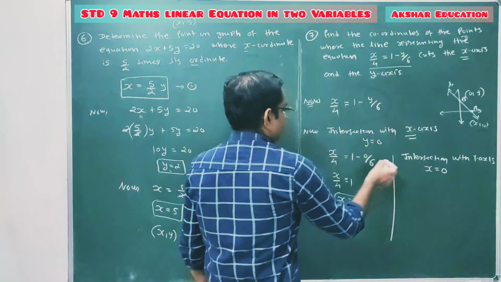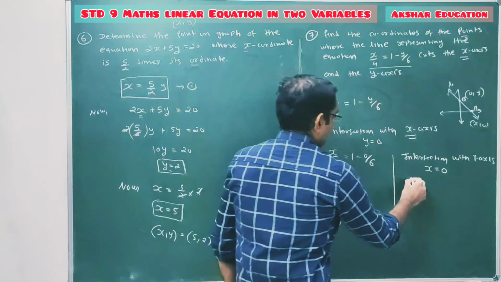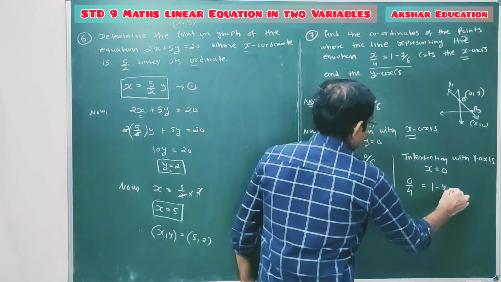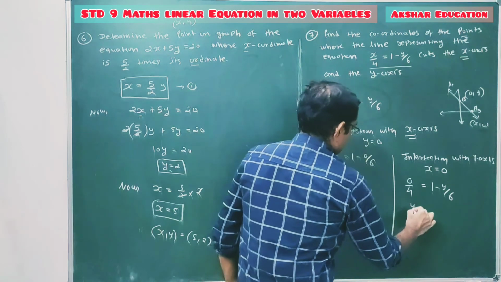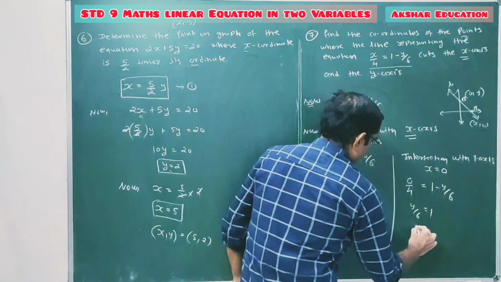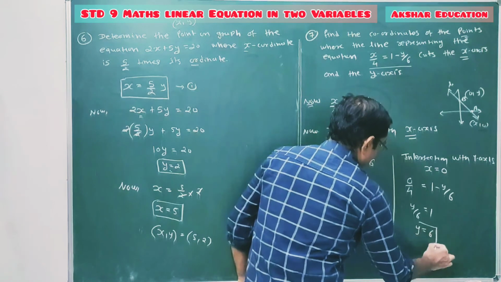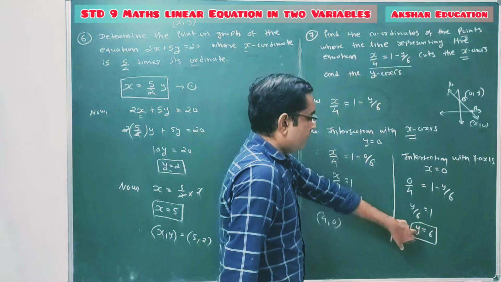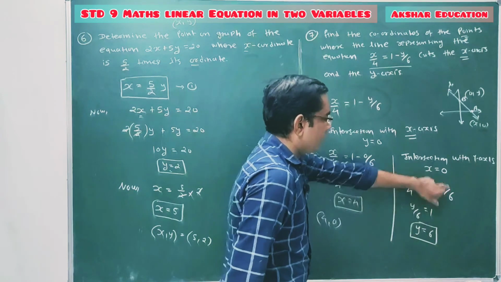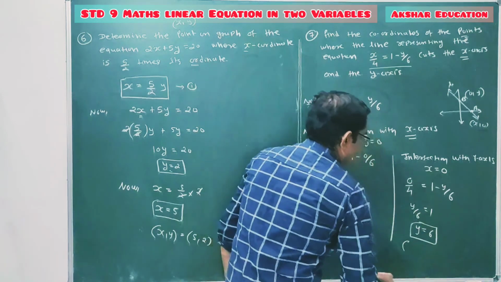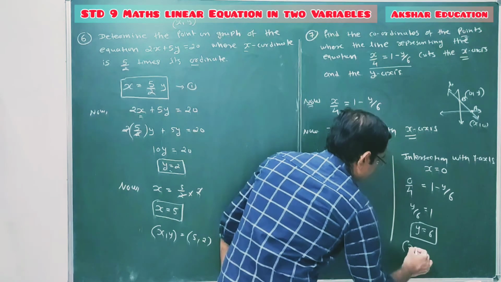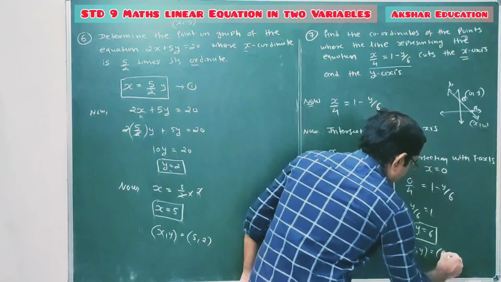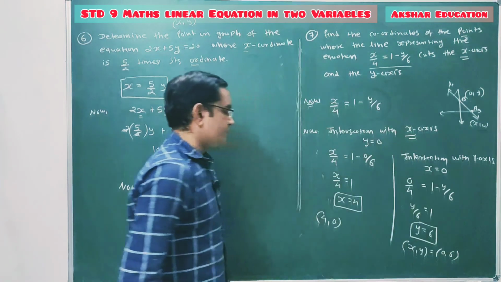So put x equal to 0 in our equation. It's 0 by 4 equal to 1 minus y by 6. So this is y by 6 equal to 1, so y equal to 6. This y equal to 6 is the value of the y coordinate with respect to x equal to 0. So our intersection point with the y-axis is x comma y, that is 0 comma 6.